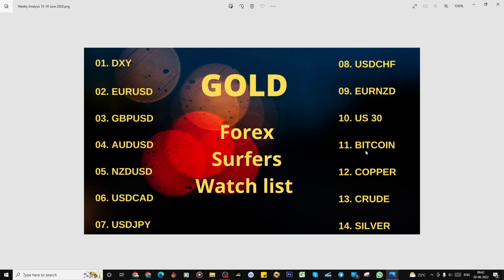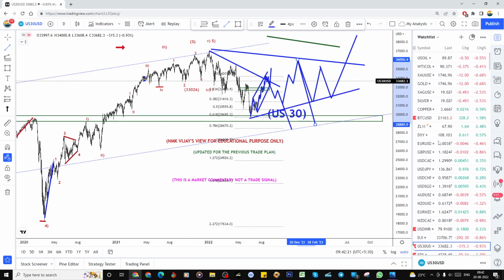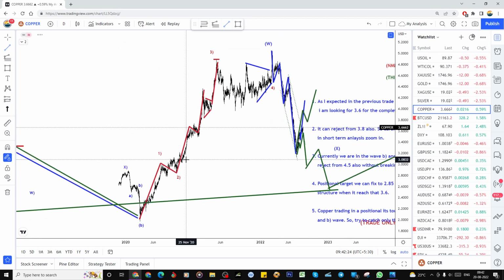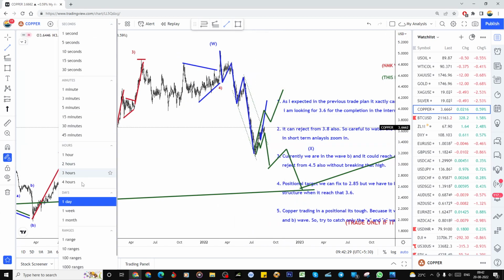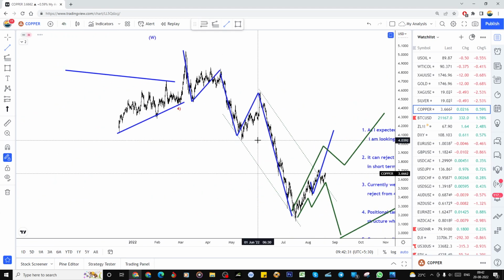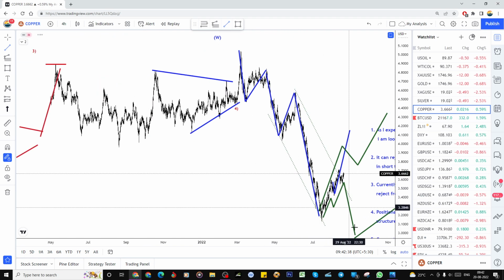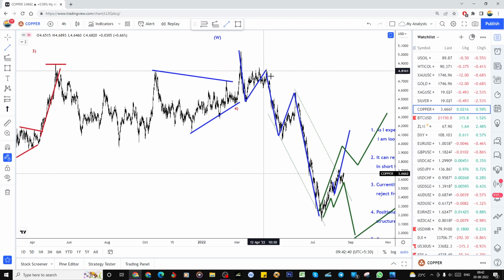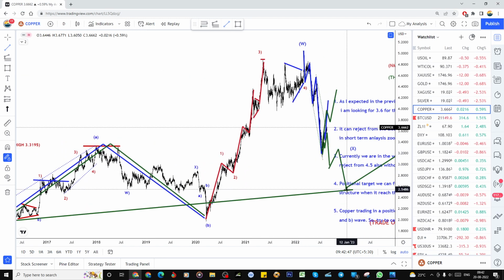So what is next? Copper. Here I explained well, whether this, one second, in the 4-hour chart, 1, 2. So this is the 1, 2, 3. I'm looking for the 4th wave, and this could be the 5th wave, meaning this is the bigger 1, bigger 2, bigger 3, and one more 4th wave here, and one more 5th wave to complete this as a five-wave structure.